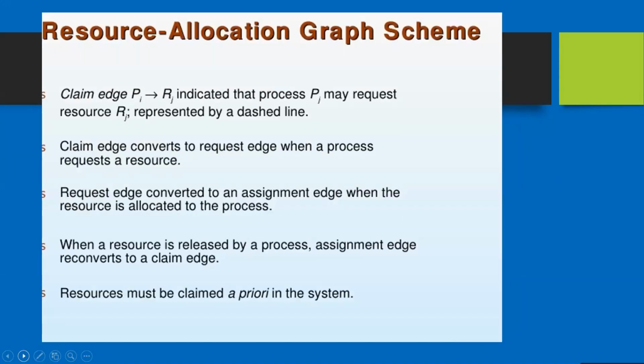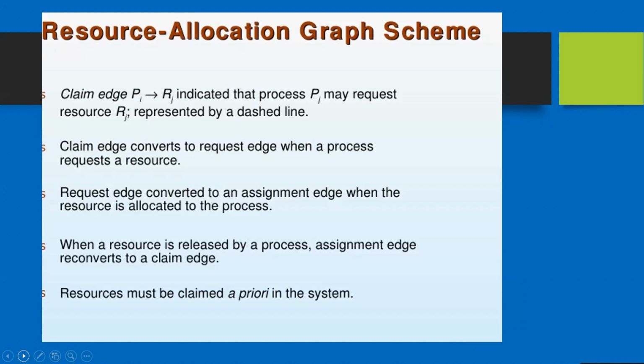The resource allocation graph scheme. The resource allocation graph scheme is a type of method where the resources are allocated intelligently to processes so that deadlock doesn't occur. Claim edge and request edge. There are two types of edges.